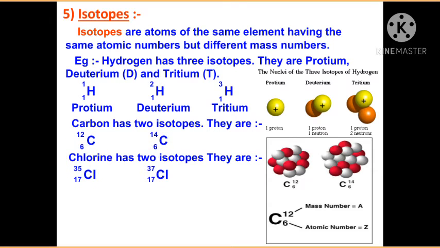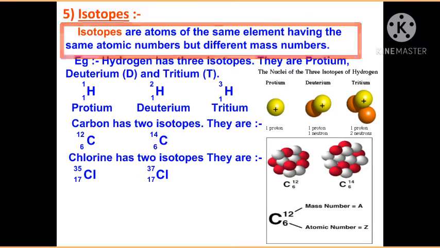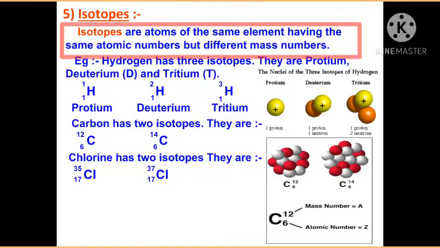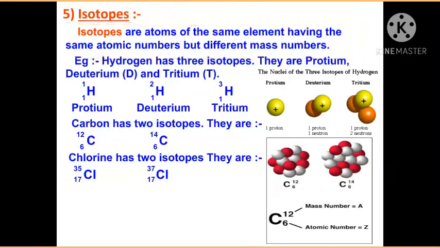So, on the basis of these examples, isotopes are defined as the atoms of the same element having the same atomic number but different mass numbers. Therefore, we can say that there are three isotopes of hydrogen atoms, namely protium, deuterium, and tritium.